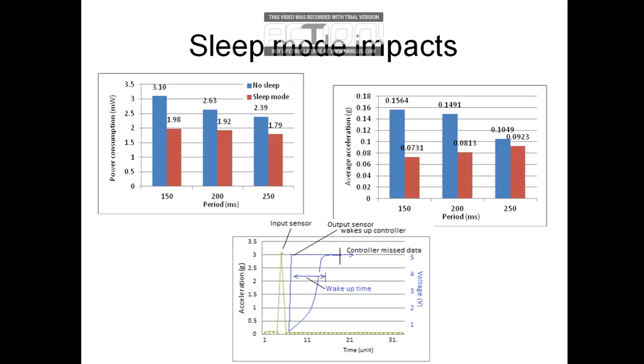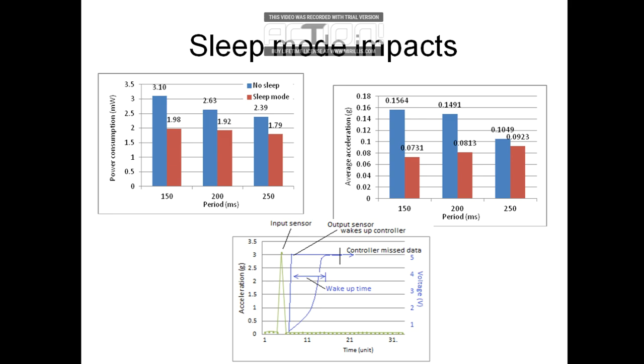And when we apply sleep mode in the sensor node, here we can see from the first figure the power consumption. The sleeping mode in the sensor node is able to decrease power consumption. However, the average amplitude of detected vibration decreases significantly.